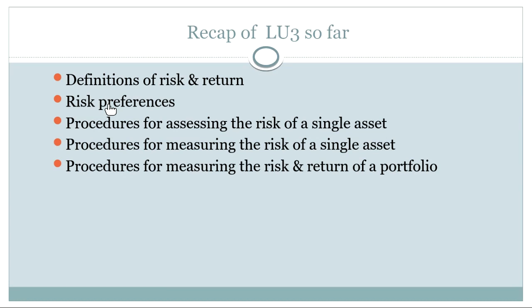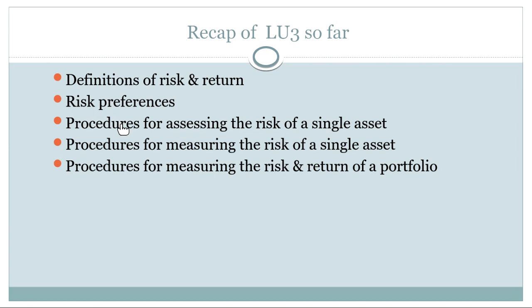And again, the reason that as financial managers we need to know that is because when we then have to apply risk to our decision-making process, we have to be aware of what risk preference our company has, so that we can then apply that to our decision-making procedure.